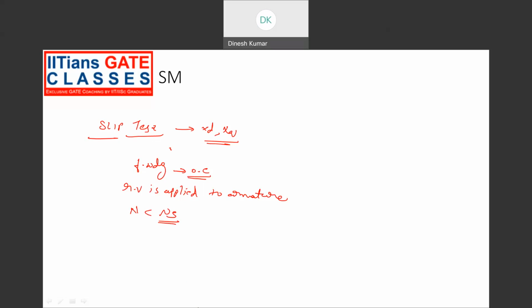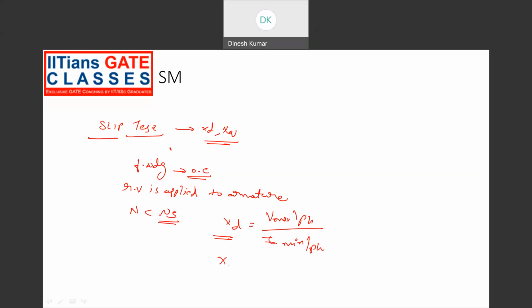So when the armature MMF aligns with the D axis, generally the ratio of voltage by current gives us the impedance, right? So XD is given by voltage max per phase by armature current minimum per phase. So XD is calculated when the armature MMF aligns with the D axis.